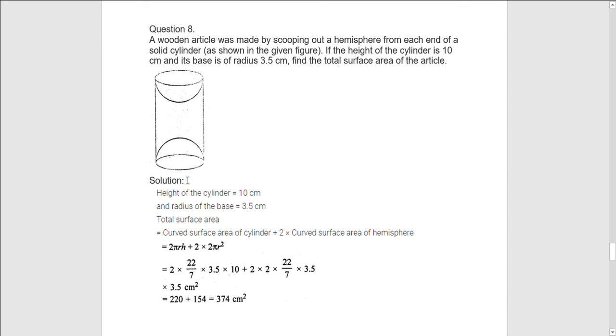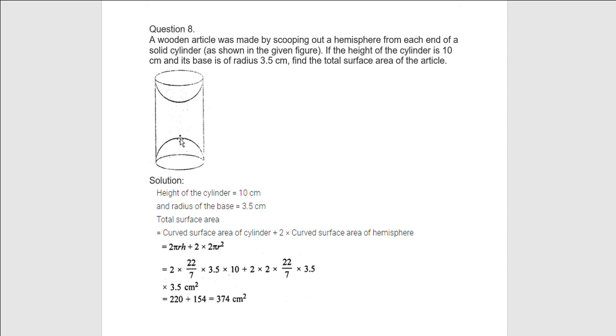So how many figures are there? One is hemisphere, cylinder plus another hemisphere. So total surface area of this figure is curved surface area of cylinder plus 2 into curved surface area of hemisphere. You can do it practically at home. You can take one potato or anything, and you just carve out any figure.